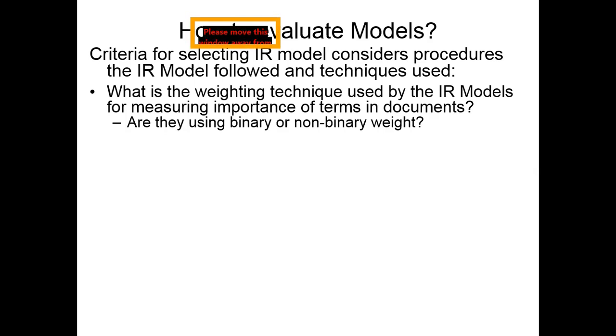That term is a content-bearing term. But also see, a term is appearing infrequently, maybe only one time in a given document. And if that term is also not appearing in most of the documents, it only appears in near one document. That term is what? A rare term.